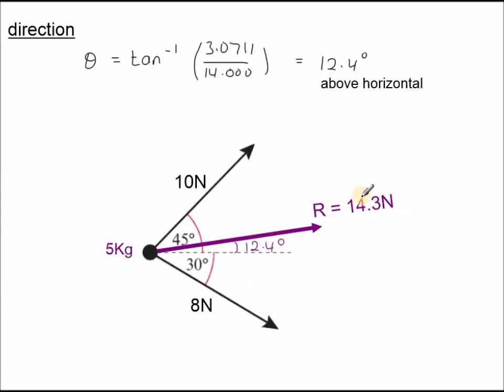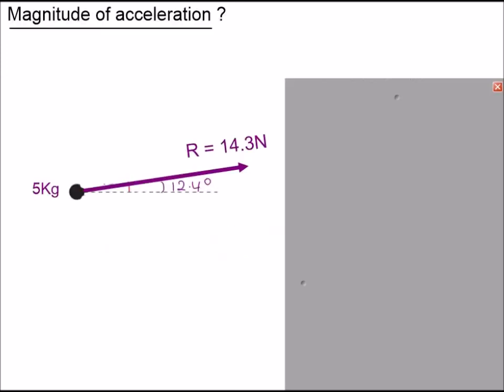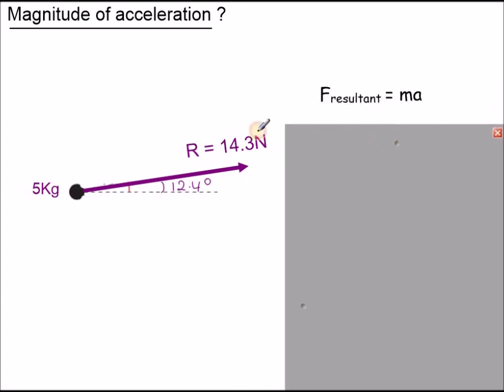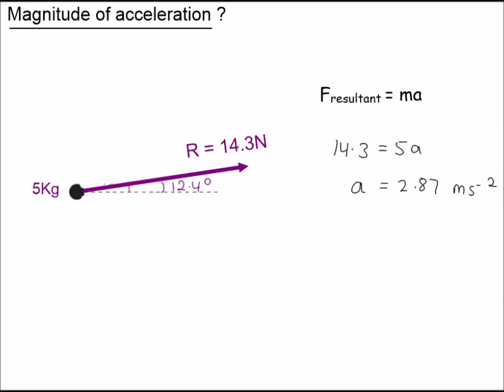So here is our resultant force, its magnitude and direction given by the arrow. So we have our 5 kilogram particle, we have the resultant force acting on it and the direction in which it's acting. So the magnitude of the acceleration, which is basically Newton's second law of motion, F equals ma, so the resultant force 14.3 equals the mass 5 kilograms times the acceleration, so the acceleration is 2.87 meters per second squared.